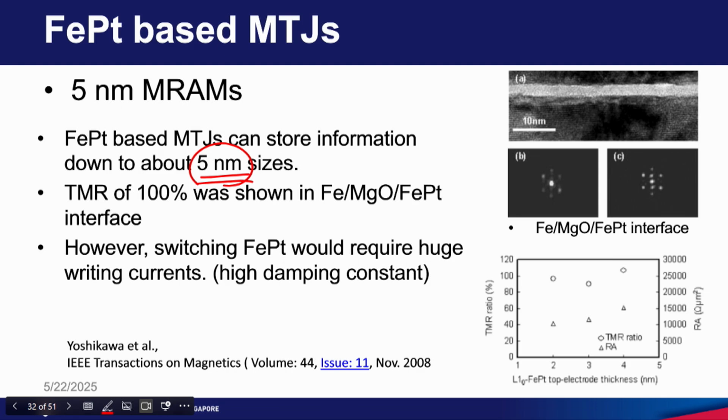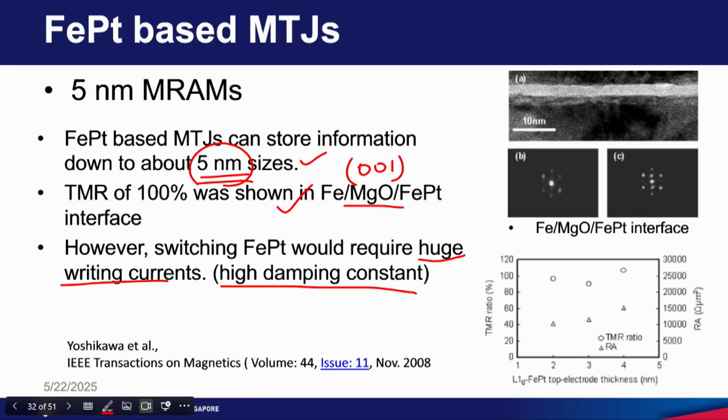And the crystal structure of iron platinum also supports the MgO 001, which we discussed earlier. So this also no problem. But again, these materials have very large damping constant and you need a very large writing current to write information. Okay, so writing power is a problem with these MRAM.